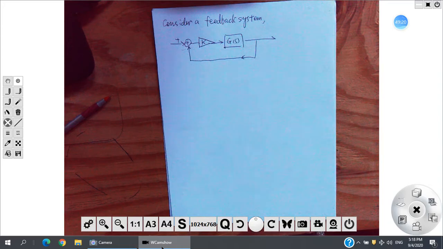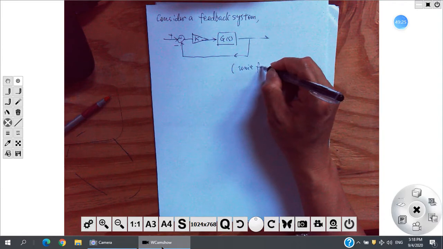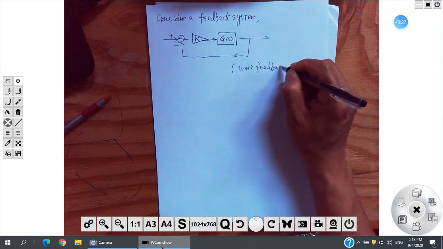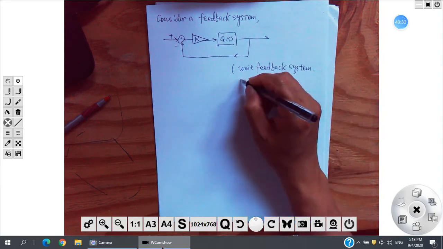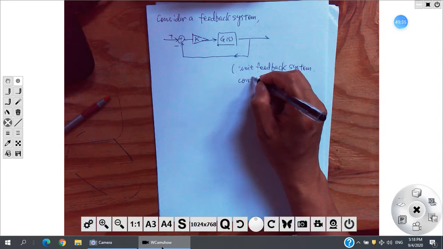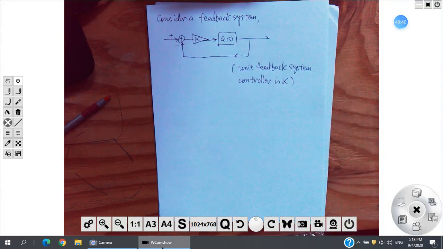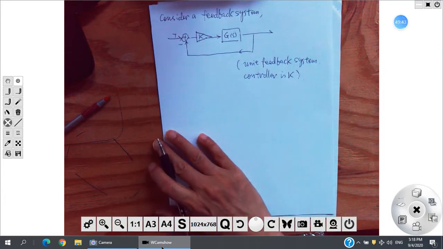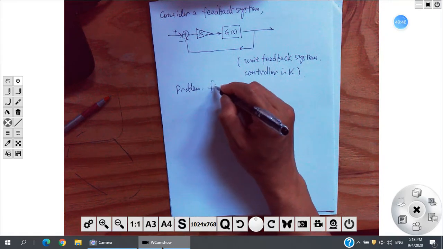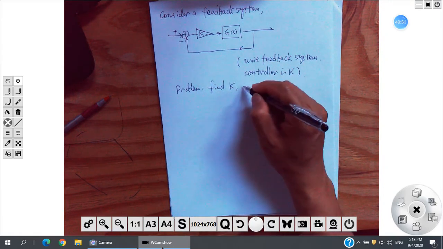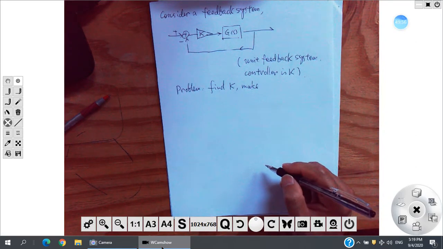So this is a unit feedback system. The controller is K. And the problem is to find K to make the whole system stable.